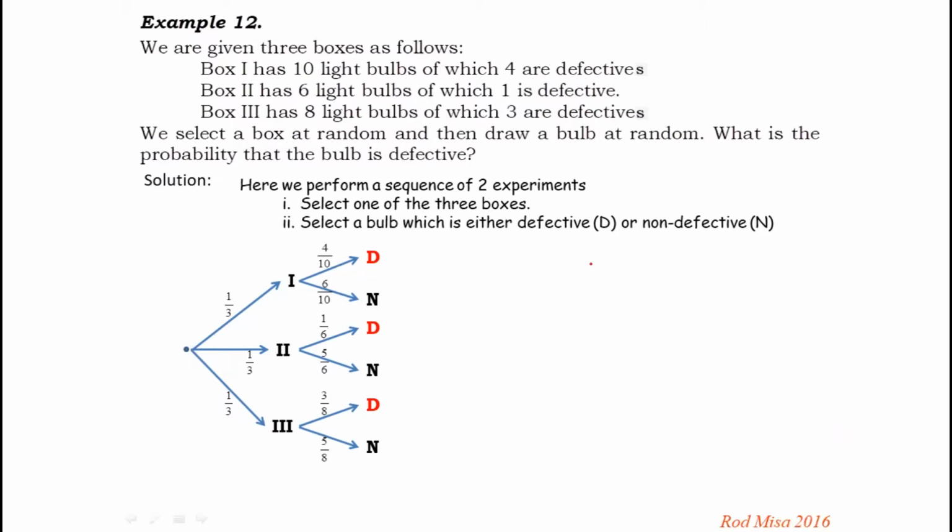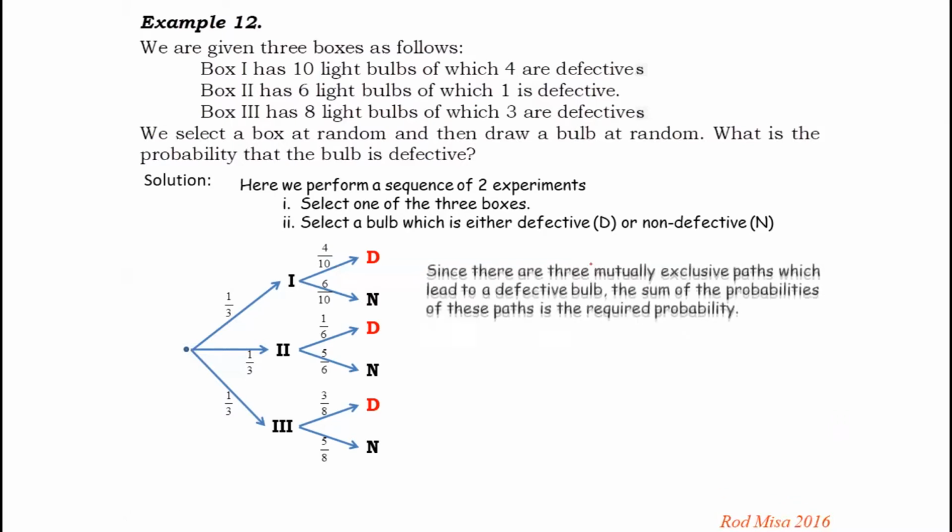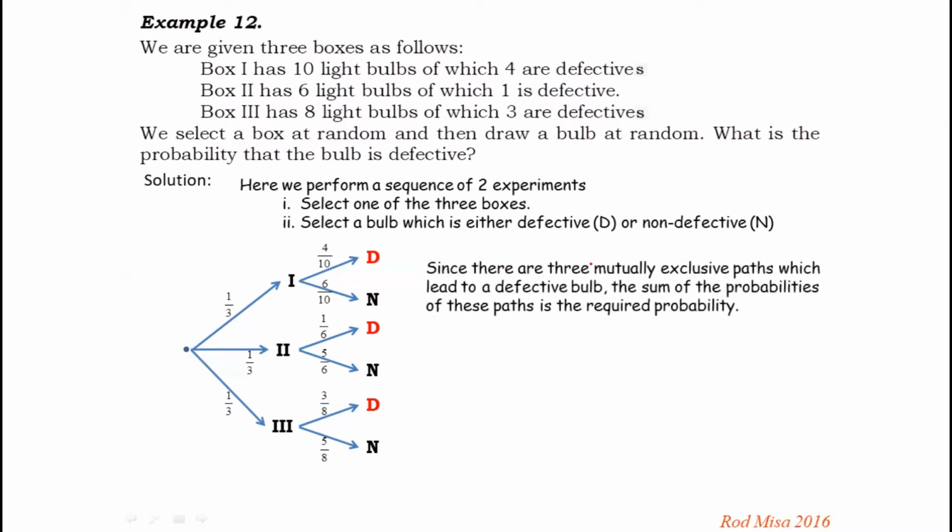But in this problem, our event of interest is selecting a defective light bulb. So in the probability tree, the defective event is colored red. Since there are three mutually exclusive paths which lead to the defective bulb, the sum of the probabilities of these paths is the required probability.